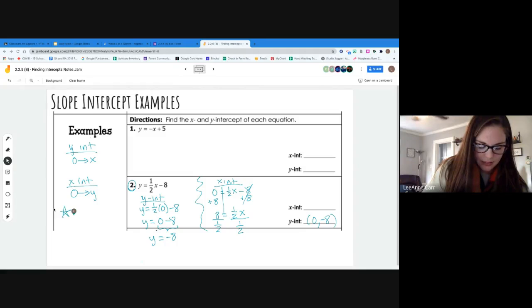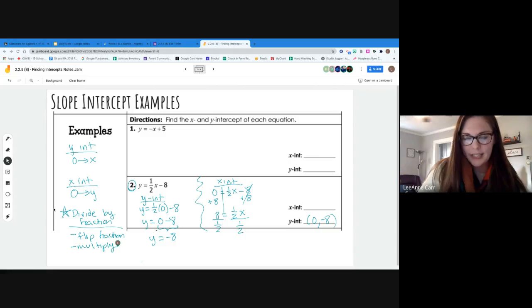If we're dividing by a fraction, we're going to flip it and then multiply. So 8 divided by 1/2 is actually going to now become 8 times 2/1.